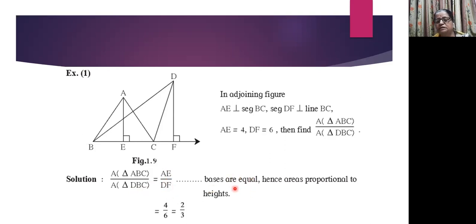The bases are equal, hence the area proportion is to the height. Therefore, AE's value is 4 and DF's value is 6. AE divided by DF is 4 by 6. We divide it, and it gets 2 by 3.